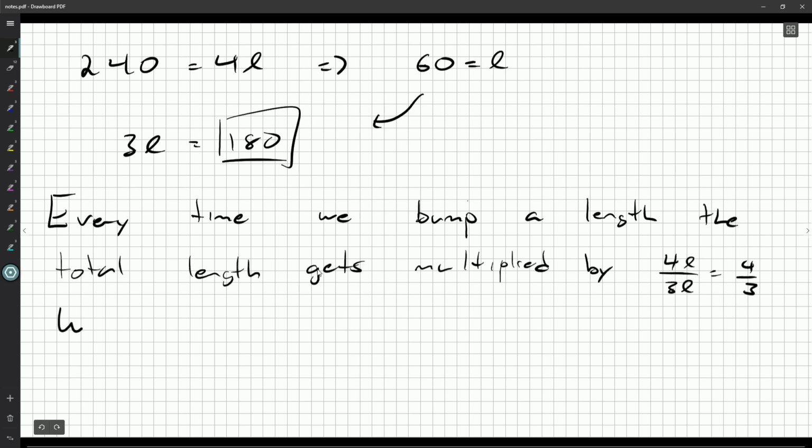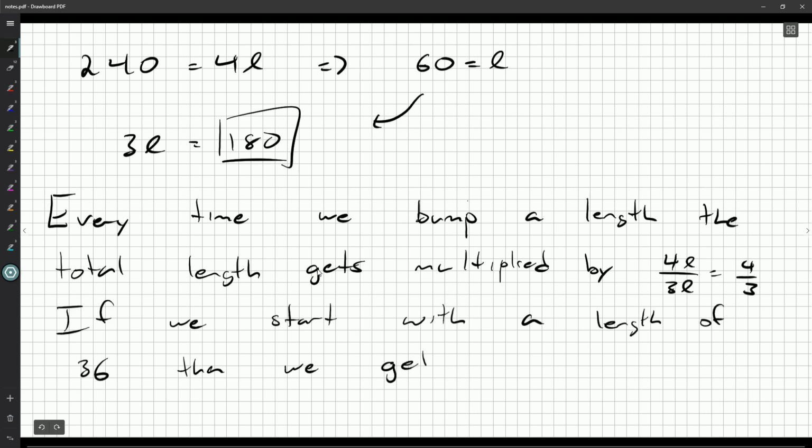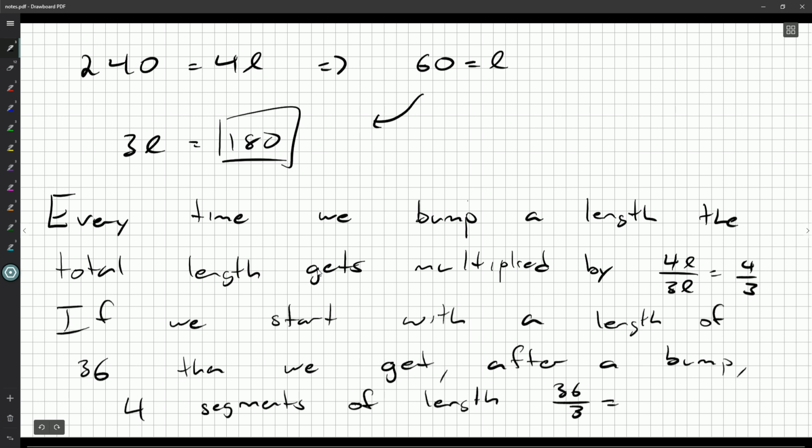Now, we might say something like, if we start with a length of 36, then we get, after a bump, four segments of length 36 over 3, 12.